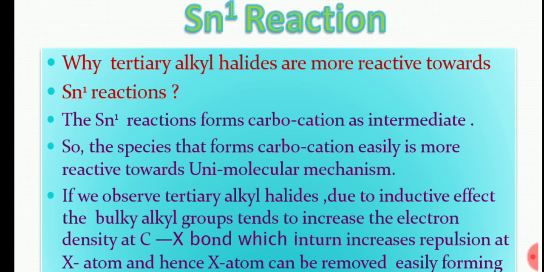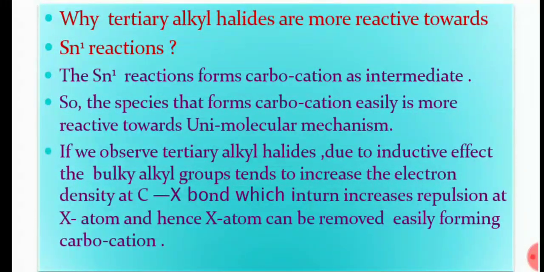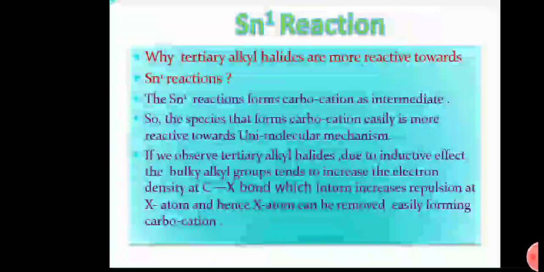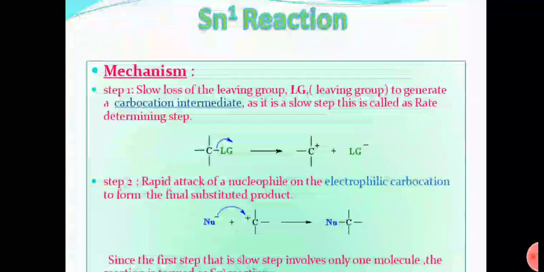So the electron density at the halogen atom increases, which causes repulsion at the halogen atom, and hence it can be removed easily, thus forming a carbonium ion. This is the reason why tertiary alkyl halides are more reactive towards the SN1 mechanism than secondary and primary alkyl halides.